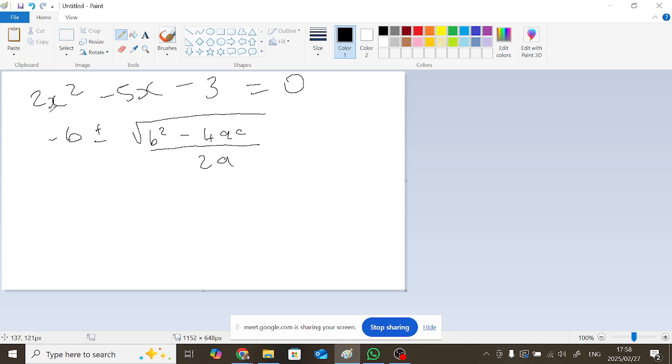Just remember that's your a term, b, and this is your c. When we solve this, our x values are either negative half or 3. So that's our first step, we solved for x.